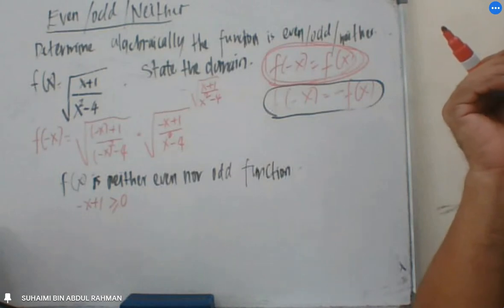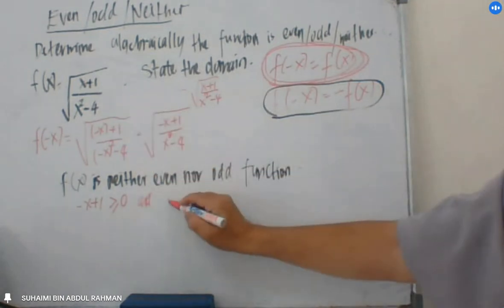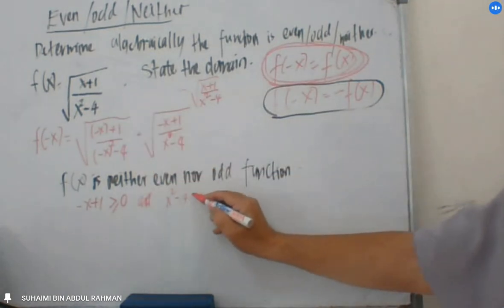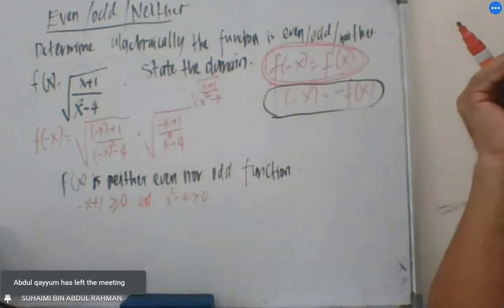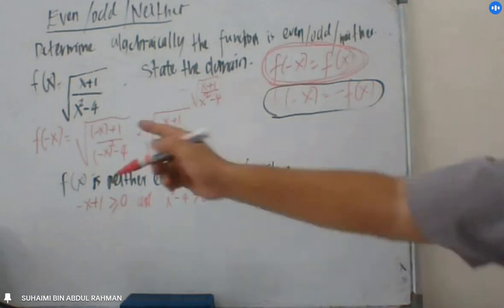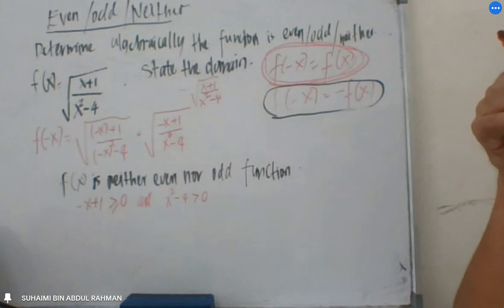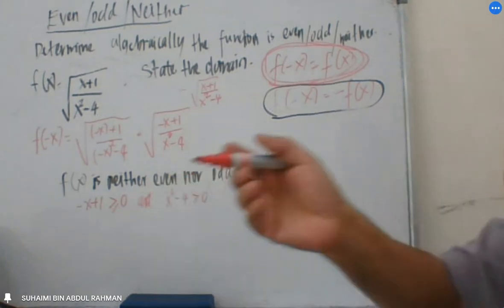And also we have our denominator, x squared minus 4, which must be greater than 0, positive, and also cannot be 0. Understand these two statements.